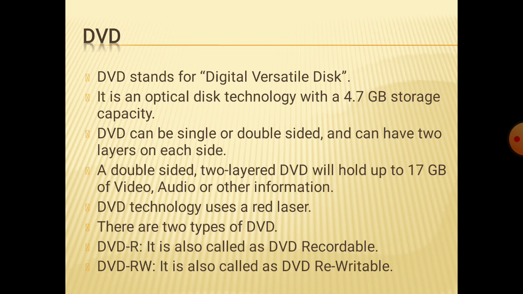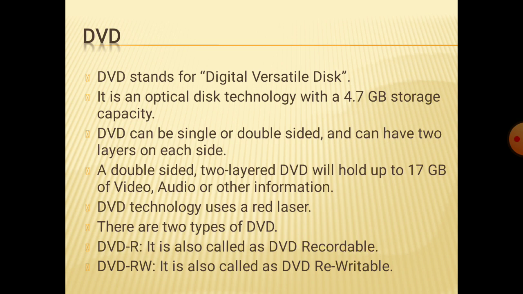Then DVD technology uses red laser. Your CD uses infrared rays, whereas your DVD uses red laser beams. Then there are two types of DVD, DVD-R and DVD-RW. R means recordable: it will be empty when you purchase it for the first time, and you can enter whatever data you want.